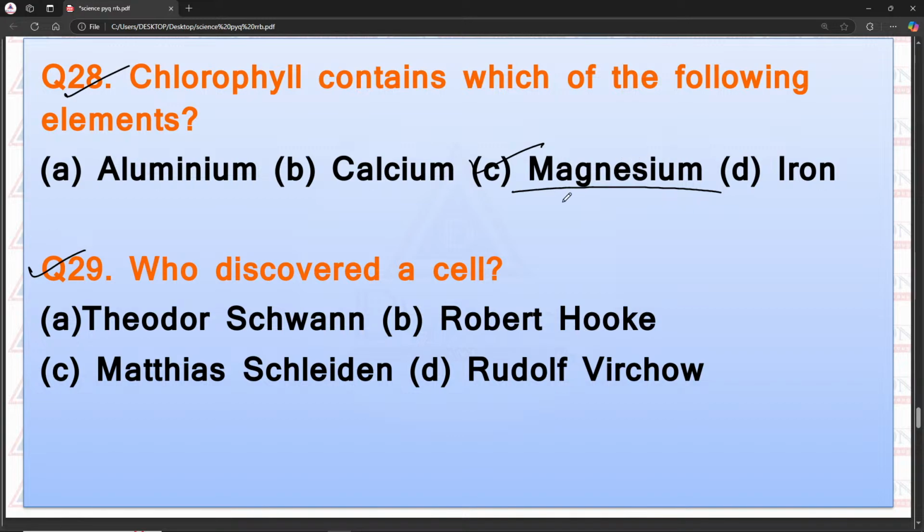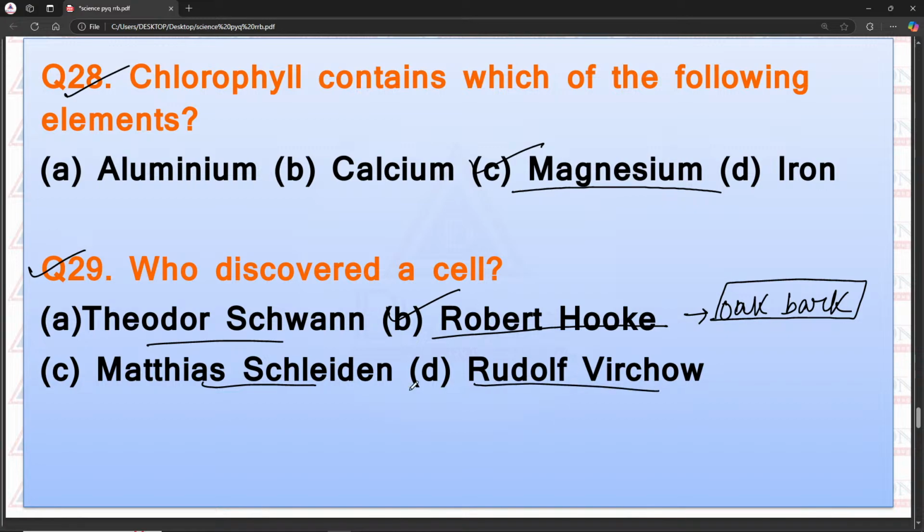So, cell was discovered by Robert Hooke. He discovered the cell from oak bark. And Theodore Schwann, Matthias Schleiden, and Rudolf Virchow, they actually proposed cell theory.